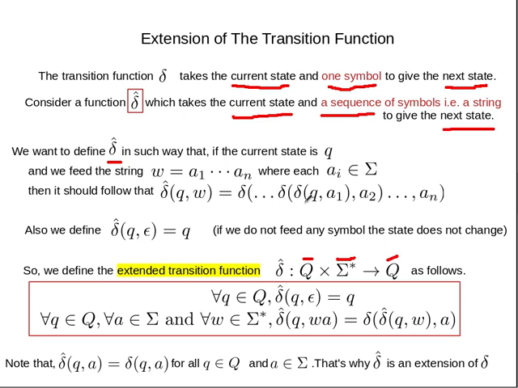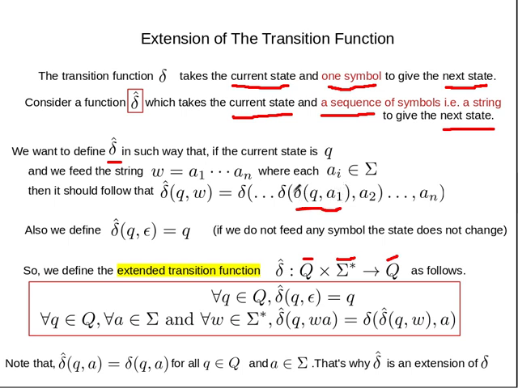Because if you know delta and you start with, say, this state q, so this you apply, say, some symbol. Here we again have only one symbol, but let's just pretend we do not know that, so that there can be multiple symbols. So if that is the case, then this delta will tell you what will be the next state after you have read this one symbol.